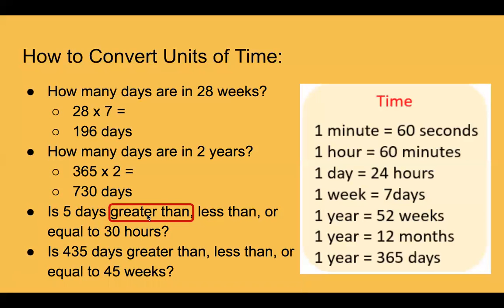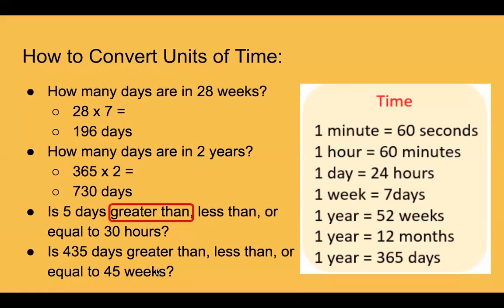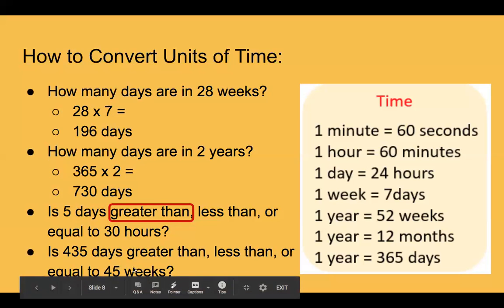All right, last problem we're going to try. This one is another comparison, but we're comparing days to weeks. So we're seeing if 435 days is greater than, less than, or equal to 45 weeks. So again, we have a comparison of days to weeks. A day is shorter than a week, right?